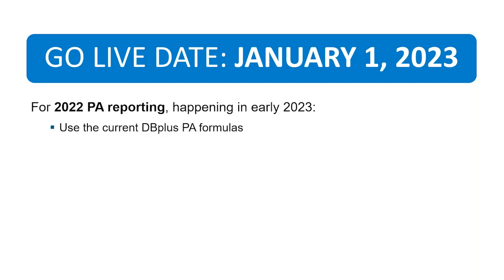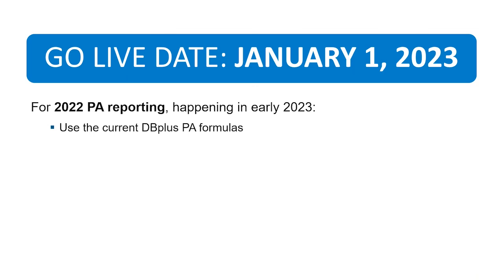So what does this mean for employers? This means that for 2022 PA reporting happening in early 2023, employers will use the current DB Plus PA formula.